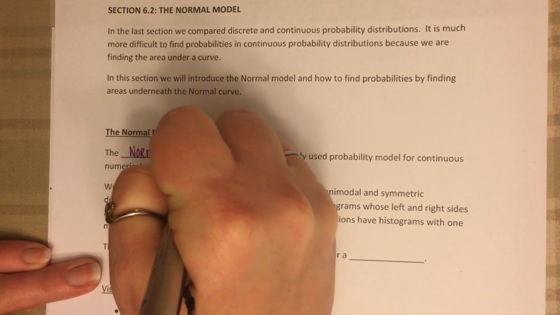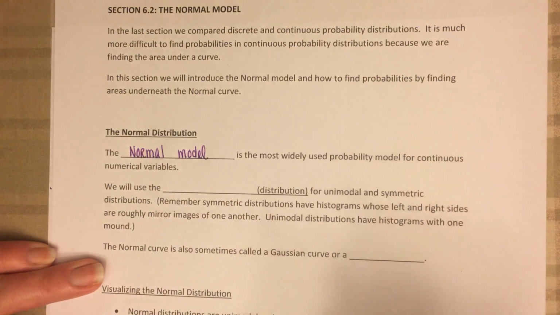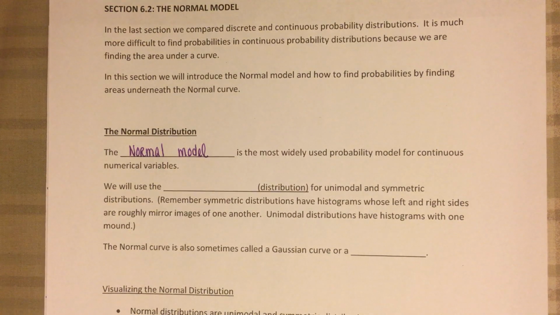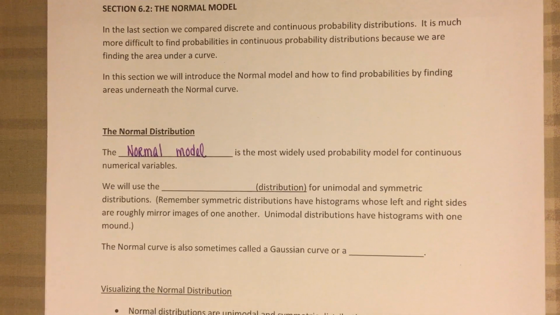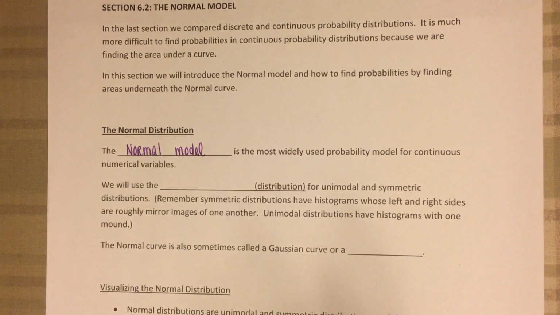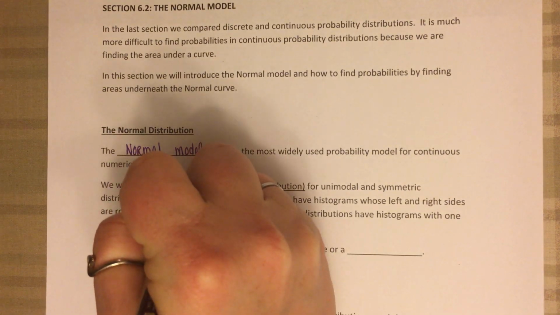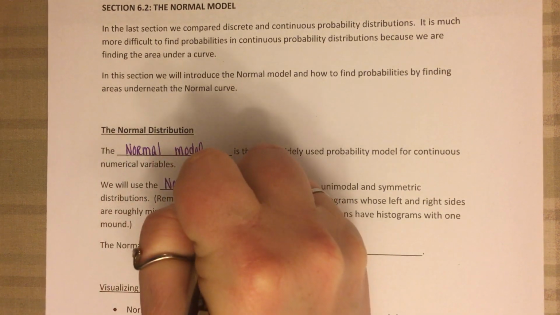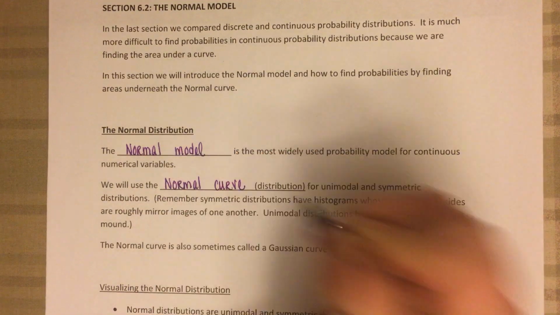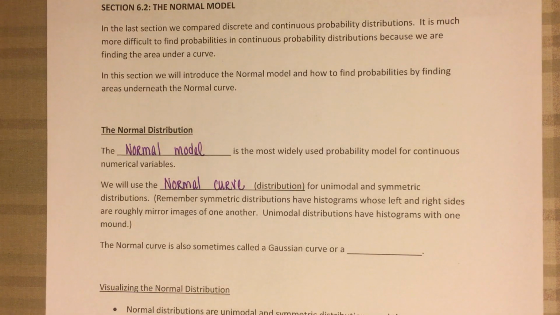So the normal model is what we're going to focus on in this section, and it is the most widely used probability model for continuous variables. As we're doing these, we're going to use what we're going to refer to as the normal curve. The normal curve is something that we have already seen this semester.